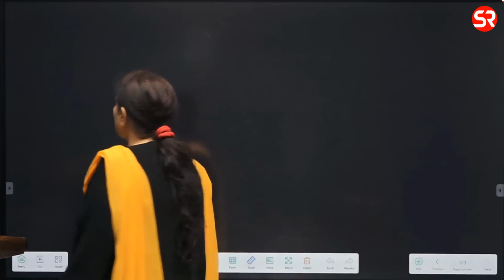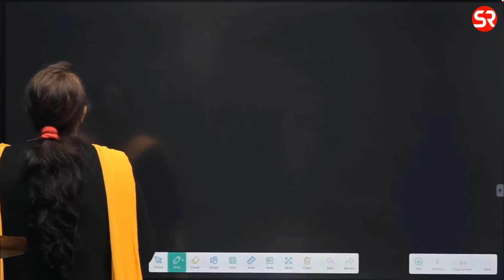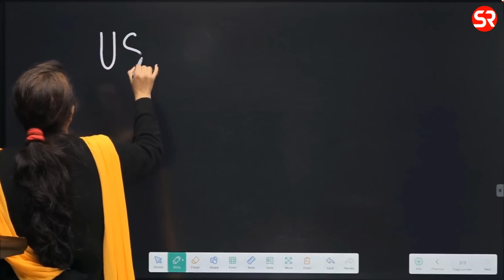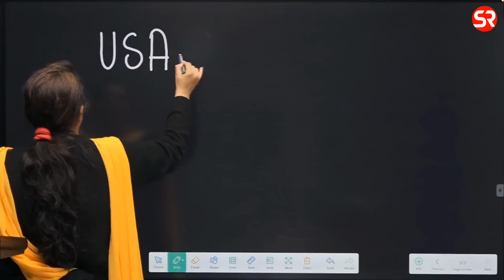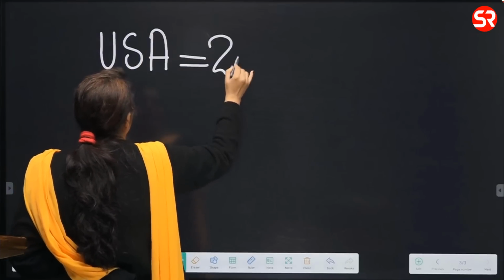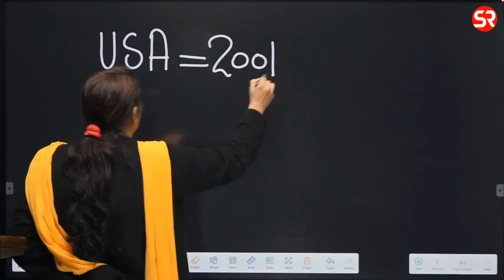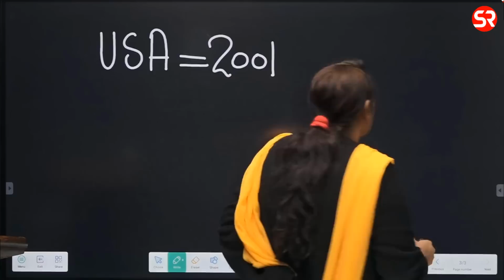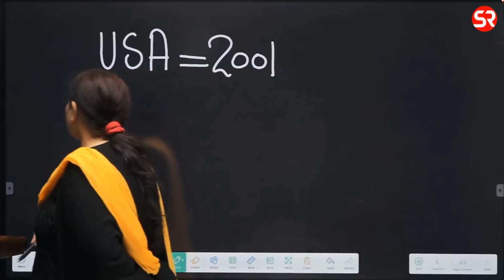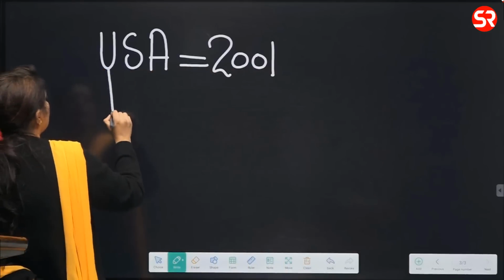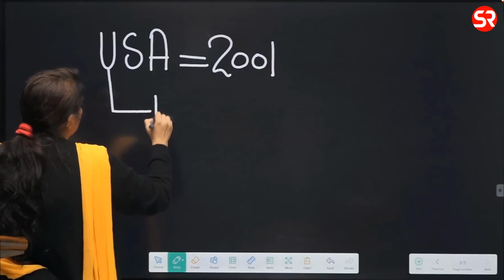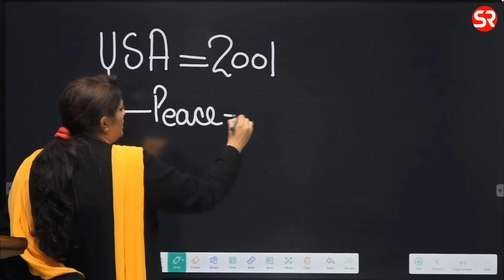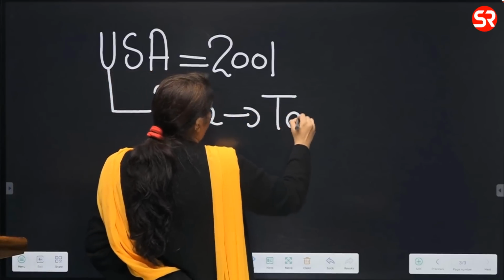Now, what is the recent development? The USA, which has been involved in the war since 2001, is war weary, and the USA has agreed to enter into a peace treaty with the Taliban.